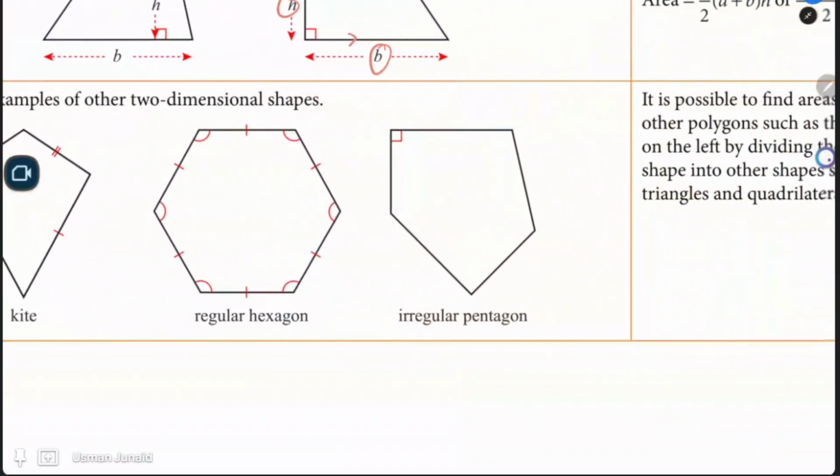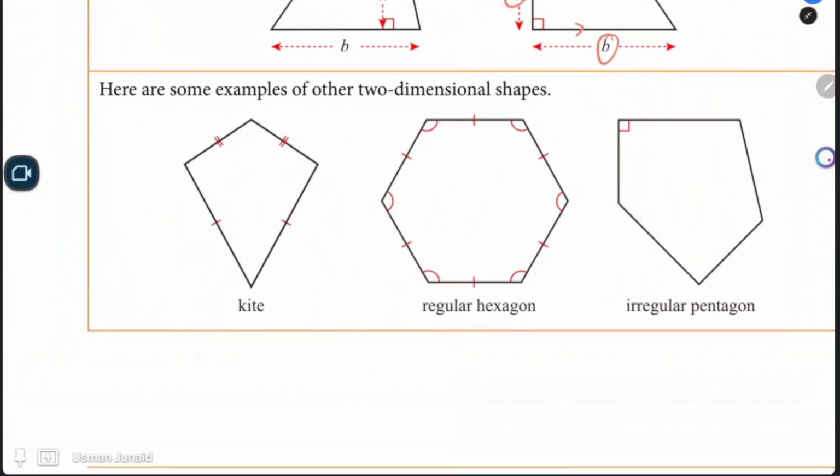Now when you're talking about polygons which are multidimensional, it's best that you divide the shape into more manageable pieces and then work your way through. For example, I could divide this into two triangles. I could divide this into two triangles and a rectangle.